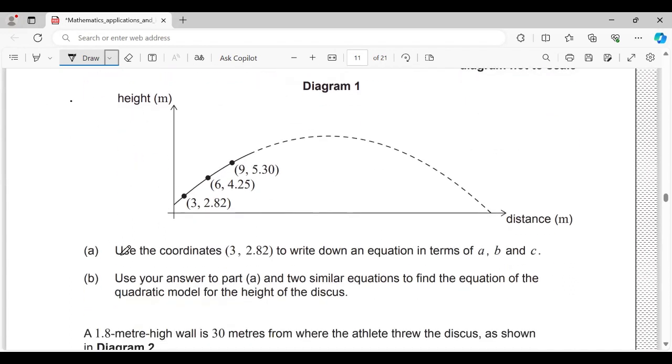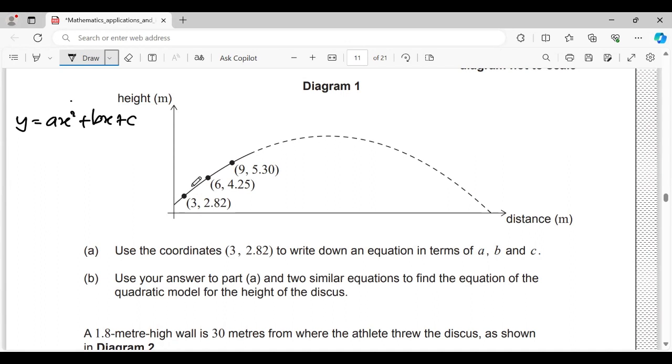Question A. Use the coordinates (3, 2.82) to write down an equation in terms of a, b, c. The parabolic graph equation is y equals ax squared plus bx plus c.